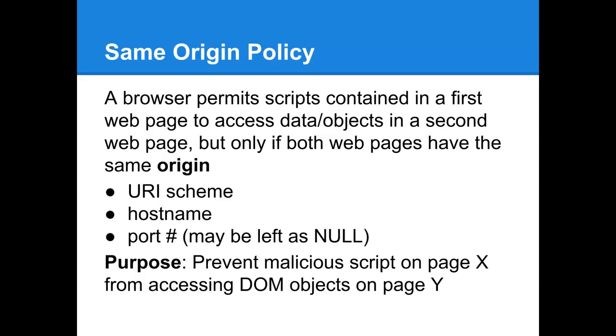An origin consists of a combination of the URI scheme, the host name, and the port number of the target server. If two web pages in two different tabs have the same origin, then scripts may access the objects of each other's documents. Otherwise, it is generally disallowed. However, this is not a perfect policy, and we're going to cover the ways that this falls apart and the ways to bypass this.